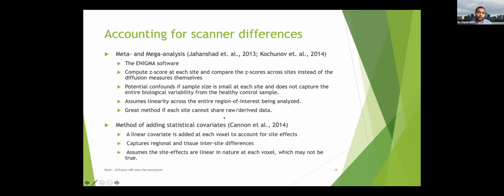Then there are methods of adding statistical covariates. These are nicer methods, with linear covariates at each voxel, which is not the case with meta and mega analysis because those have to be done region-wise. With statistical covariates, you can add a covariate at each voxel. It definitely captures the regional and tissue-related inter-scanner differences.